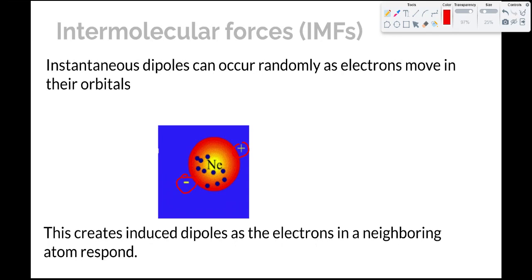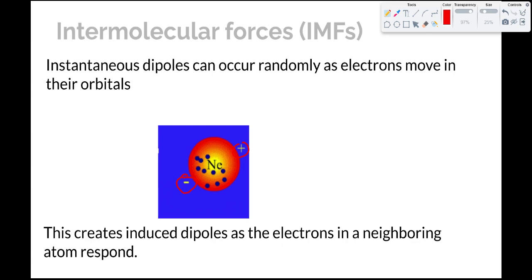This creates a dipole in a neighboring atom because those electrons are now attracted to the positive side of this neon, and on the other side of that neon, the electrons are going to be repelled by those electrons, and so they're going to move away. And so that's going to create on both sides of this neon an induced dipole.